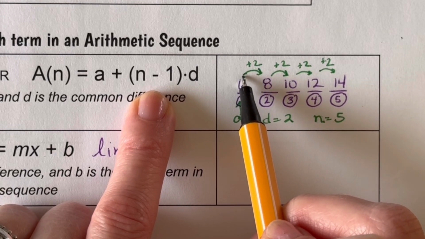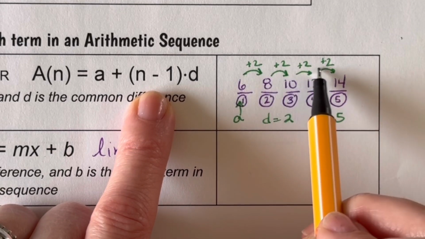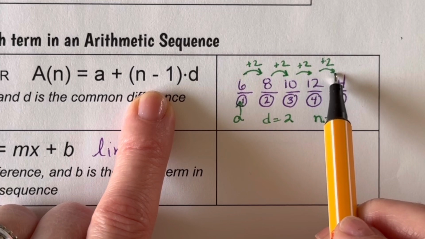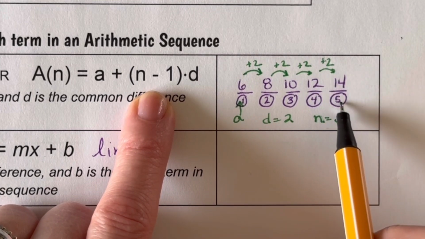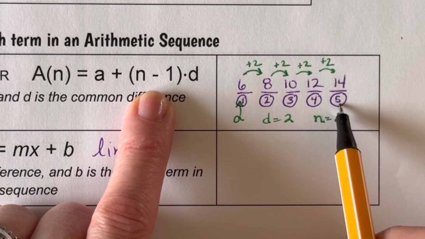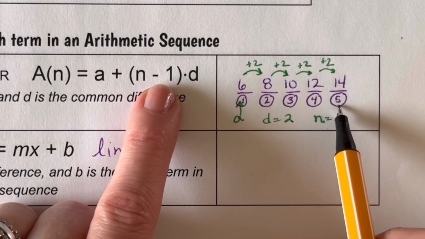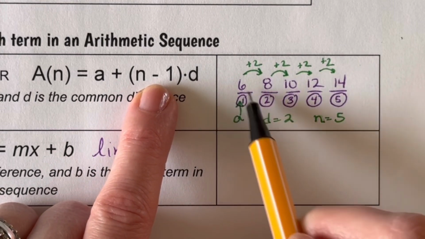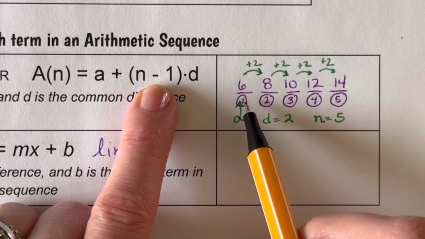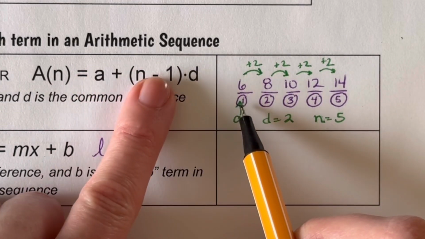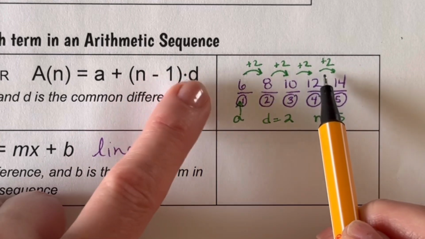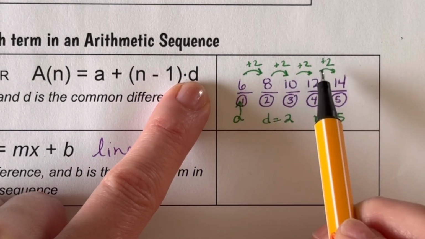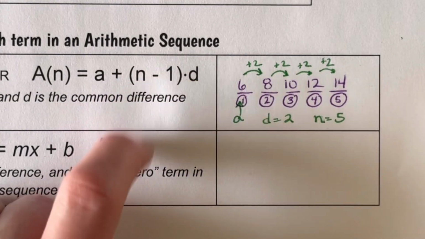Well, I have to take from my first term 1 jump, 2 jumps, 3 jumps, 4 jumps. Well, I have 4 jumps to get to my 5th term. So that's where that n minus 1 comes in, because I have 1 less jump because I'm starting at my first term. So starting at the first term, I have 1 less jump, and my jumps are 2 steps in length. That's how that one works.